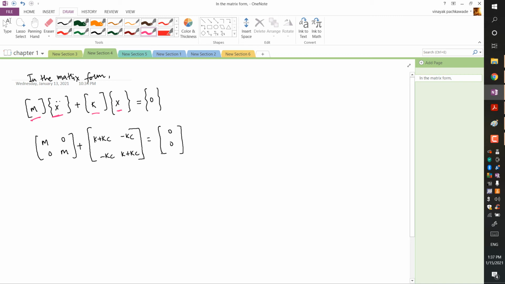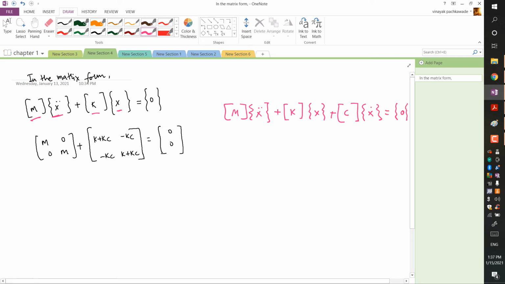But since we also added damping, or friction, what we write here is m x double dot plus stiffness matrix times x plus the matrix of damping times the velocity, and that all goes to 0.